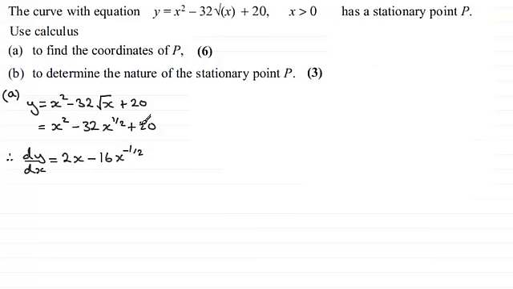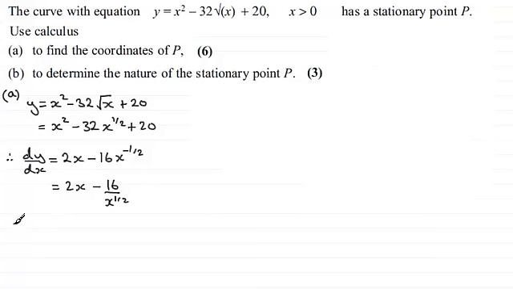And then when it comes to differentiating a constant, that goes to 0. Now because it's got negative powers in, I'm going to rewrite this. We've got 2x. Now this will be minus 16 multiplied by x to the minus a half. X to the minus half is 1 over x to the power half. And so that's going to be 16 over x to the power half.